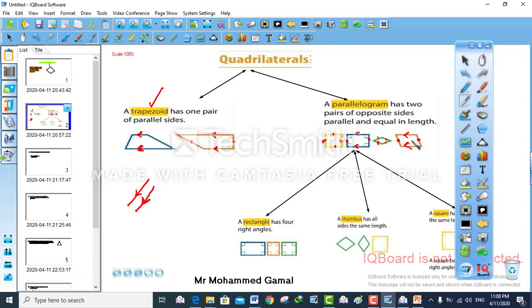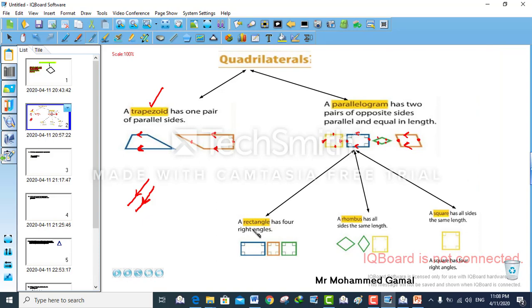It has the most specific name, parallelogram, but we can also name it quadrilateral, because quadrilateral is the father of the parallelogram. Now this parallelogram has, as you know, three sons here. The first one, rectangle. Second one, rhombus. And the third one, and the most lucky one, is the square.